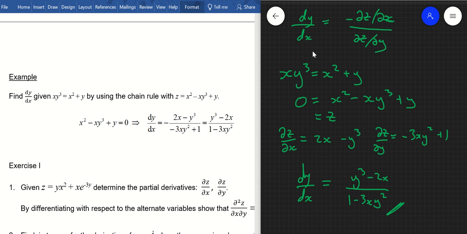Normally in A-level maths, you use implicit differentiation and make dy by dx the subject, but you can do it in one step here. I didn't need to write these steps. I could have just done dy by dx and then the partials straight off into the fraction. That's quite a nice shortcut if you want dy by dx.